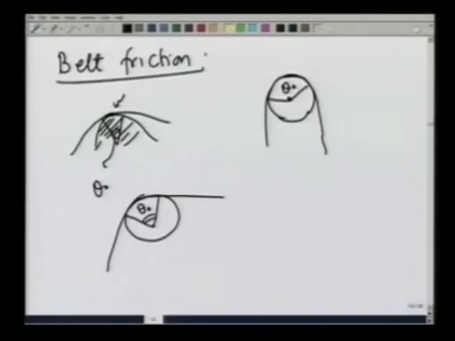If the coefficient of friction between the two is mu s, what is the maximum possible value of frictional force between these two? So, for this let us take a small portion of the rope going over the pulley.